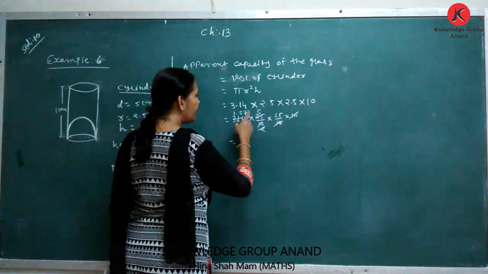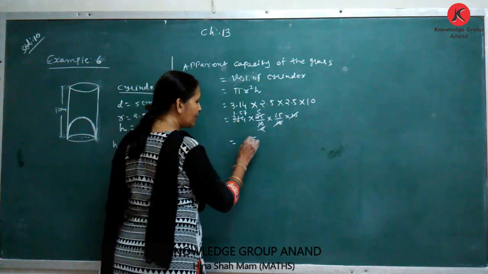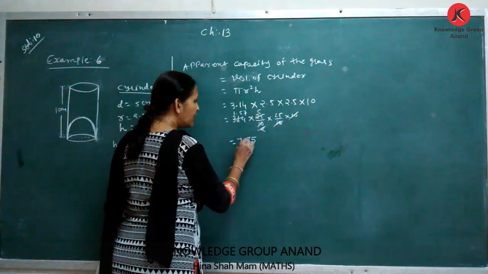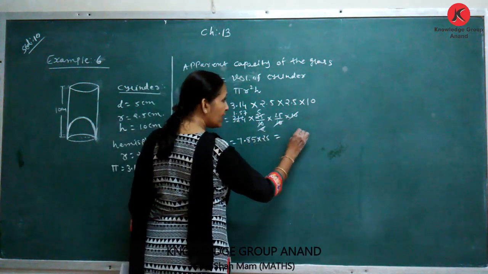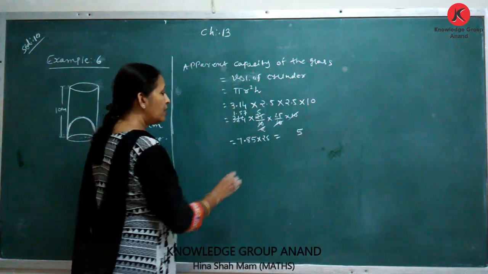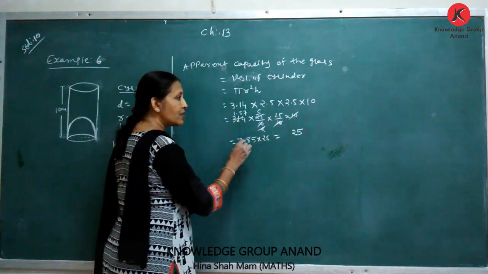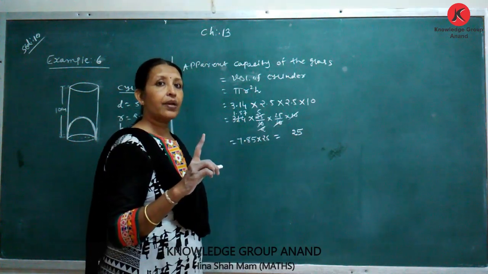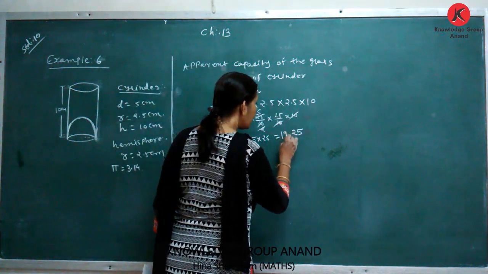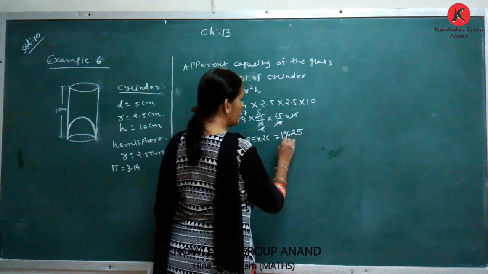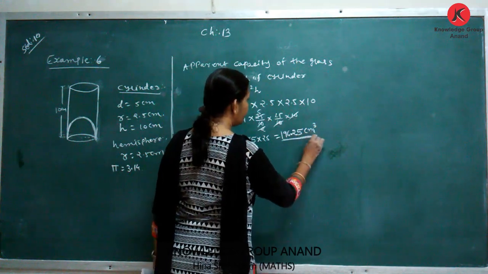Multiply: 7.85 multiply 25 equals 25 fives are 125, 21, 25 sevens are 175, plus 21 is equal to 196.25 centimeter cube.